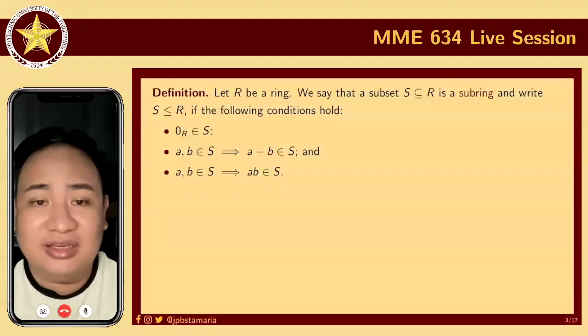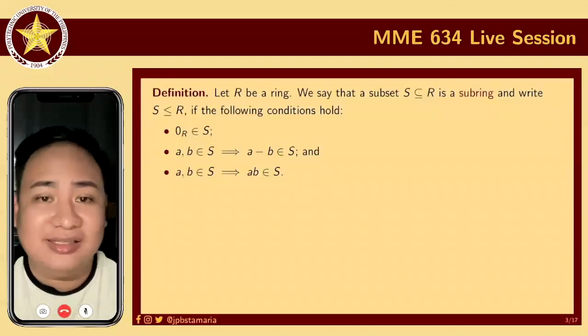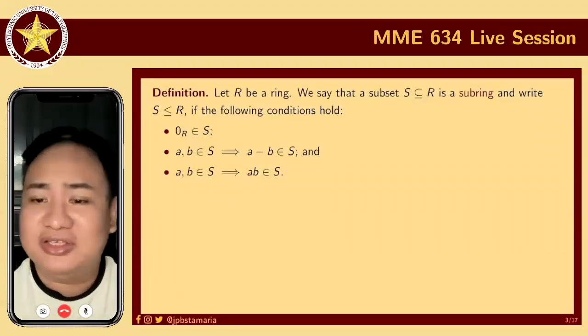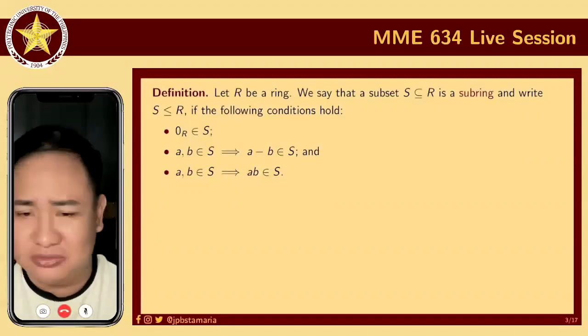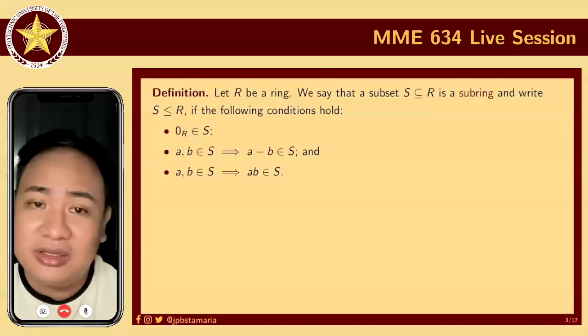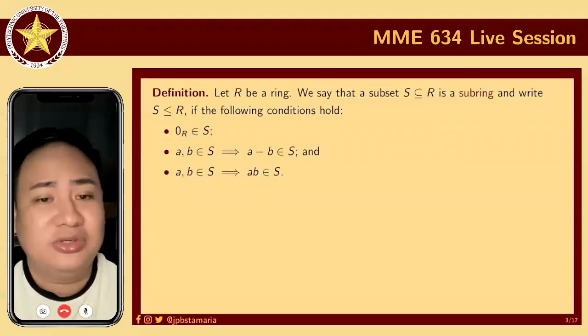And when these three conditions hold, guaranteed, yung subset na yun ay subring. Kasi, first of all, hindi mo na i-check yung commutative property, associative property. No need. Kasi, hiniram mo lang naman yung same na operation mula sa R. Alam mo na yun ay commutative at associative in the first place. So, no need to check for that.